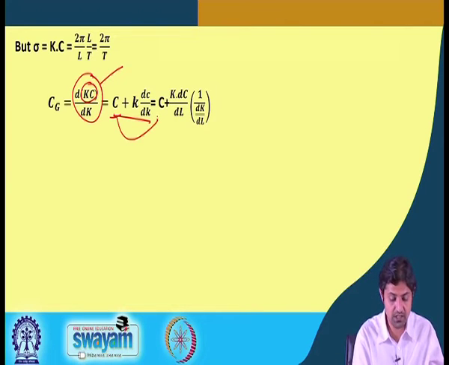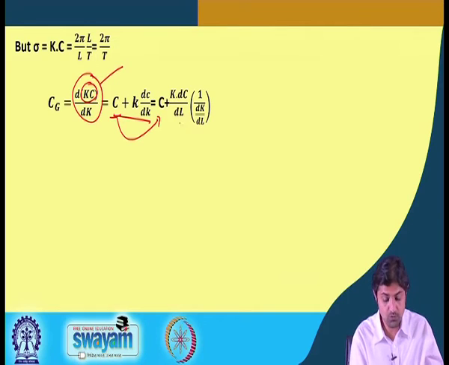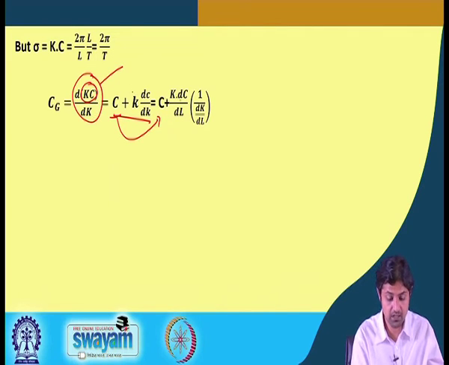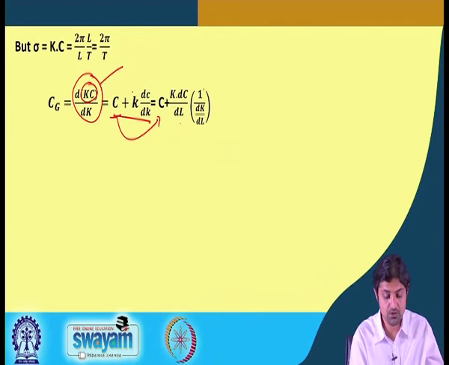C remains c here and k remains the same, and instead of dc by dk we write dc by dL into dL by dk. So we are doing some manipulation here.